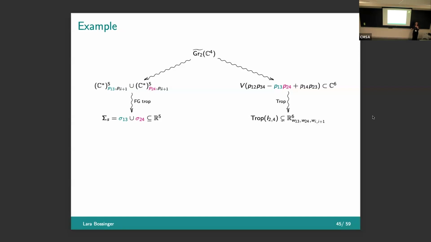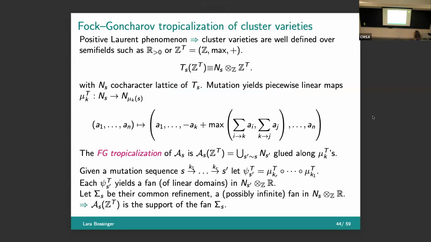There's one more question. Yes, just the last slide. These are all bands in N_S or N_S prime. Whenever I really want to talk about a fan, I choose one fixed initial seed, in this case S. Then I pull all the linear regions back to that real vector space or that lattice N_S, and look at it as an honest fan there.